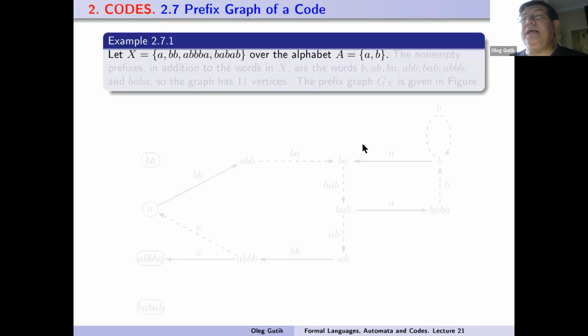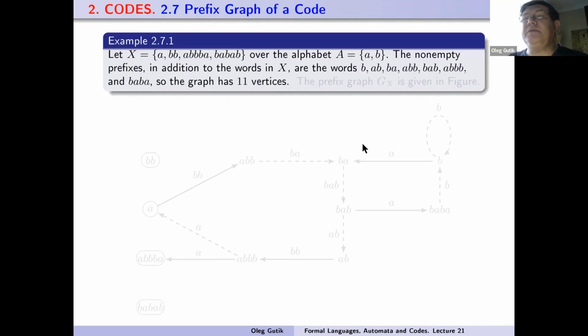Example: let X consist of a, bb, abb, bab, abab, over the alphabet A, which consists of two letters a and b.